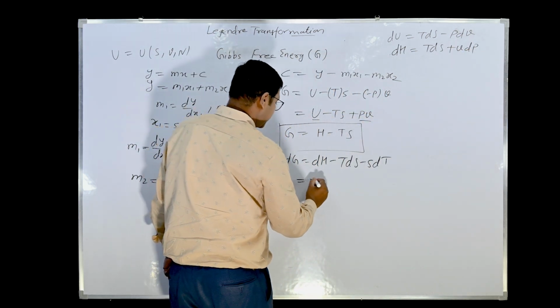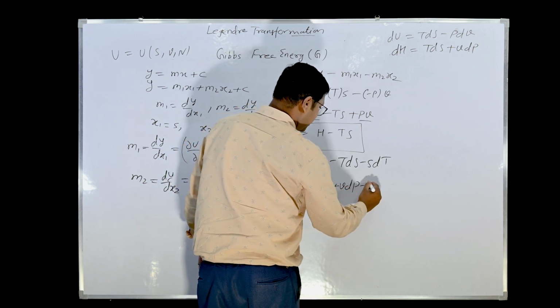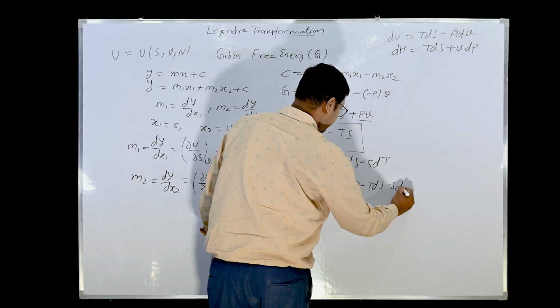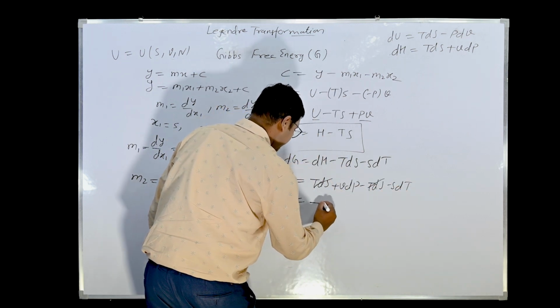So we can write here TdS plus VdP minus TdS minus SdT. TdS will be cancelled.